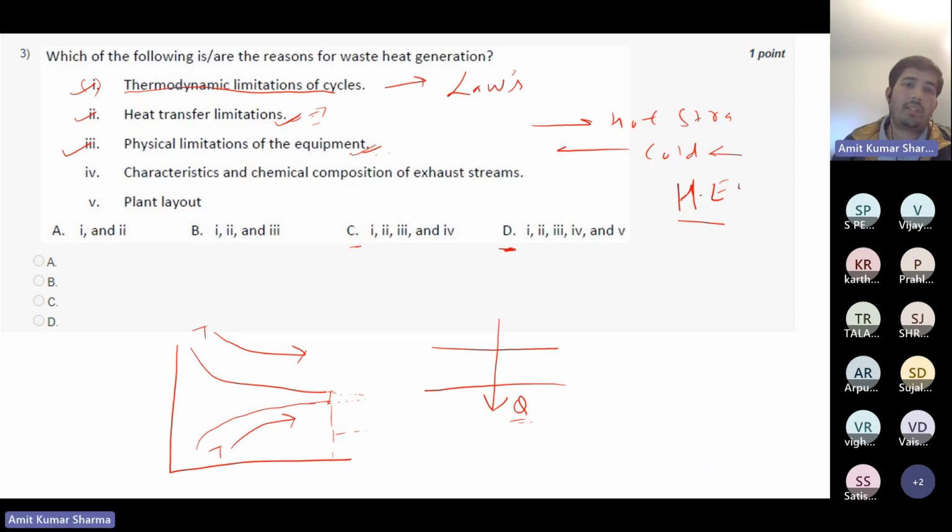But what is the heat transfer limitation? Suppose we are transferring heat. So what is heat? Is it low grade energy or high grade energy? Low grade energy. Yeah, heat is low grade energy, and we have also discussed entropy generation.